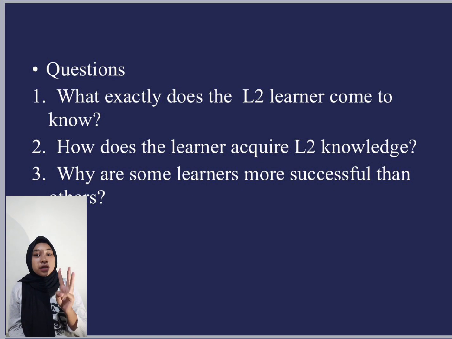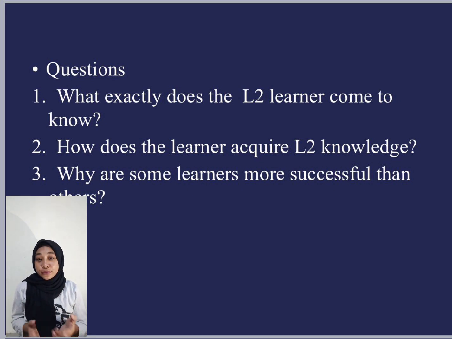Next, question number 3. Why are some students more successful than other students? Social context. This factor influences second language learning primarily because of its impact on attitude and opportunity. This factor also determines whether language 2 is a foreign language or a second language. And then, social experience.